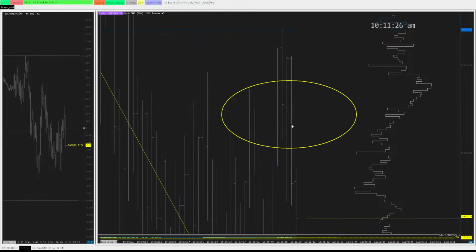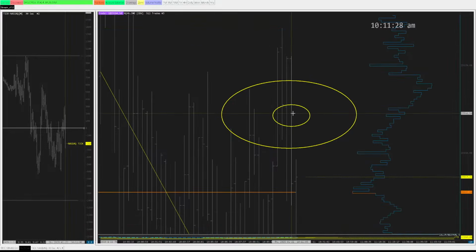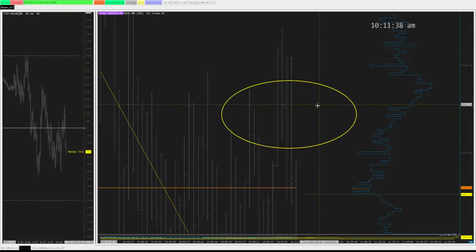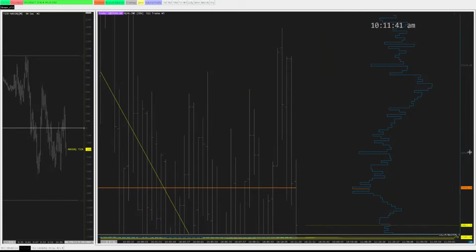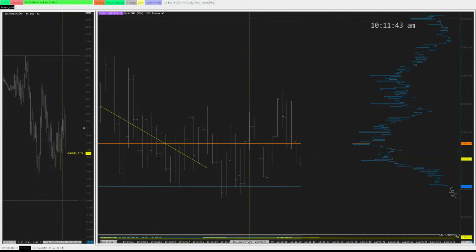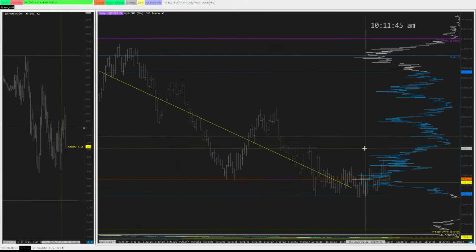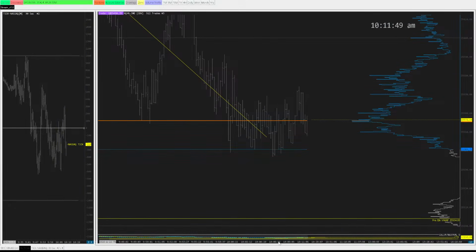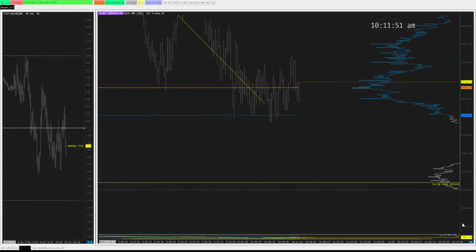You're seeing changes in flow, but it's happening right here, and you just don't have the ability, I think, to really look at the bigger picture. I understand that obviously you use footprint charts in conjunction with other things, but I've just developed a way that's very simple for me to follow, and that's how I do it.